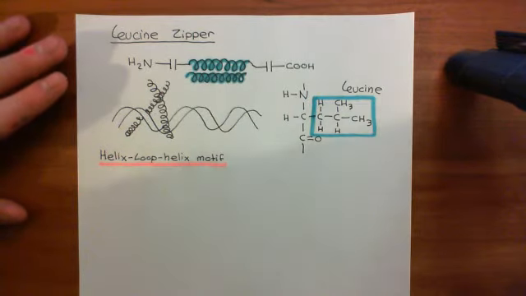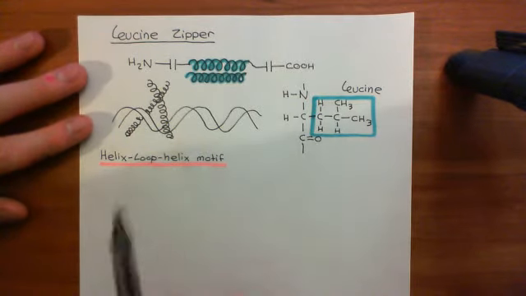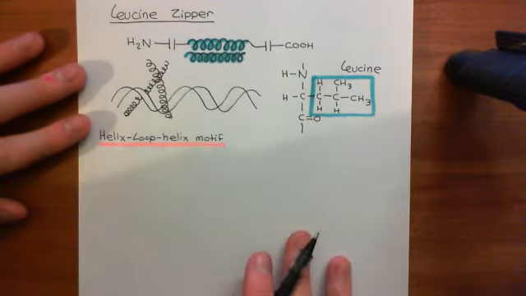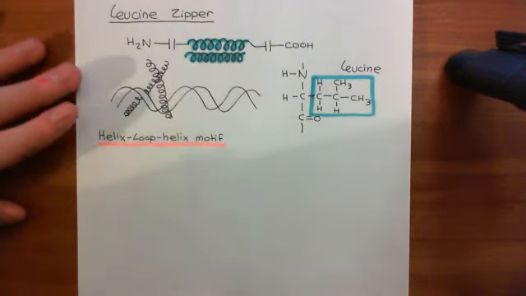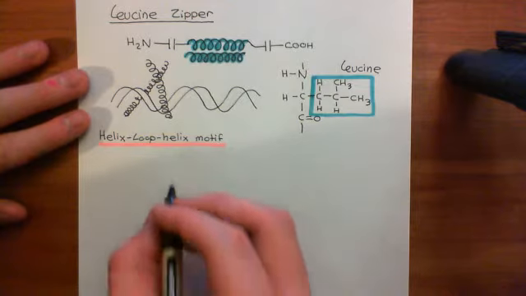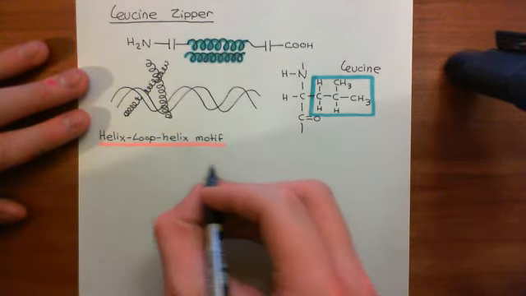Now that loop between the two helices was tiny, and therefore it's called a turn rather than a loop. Whereas in the case of helix-loop-helix motifs you have a much bigger loop between the two alpha helices. Okay, so basically these transcription factors look like so.